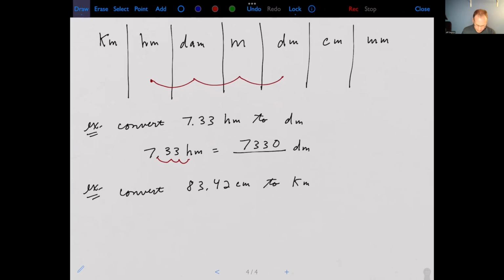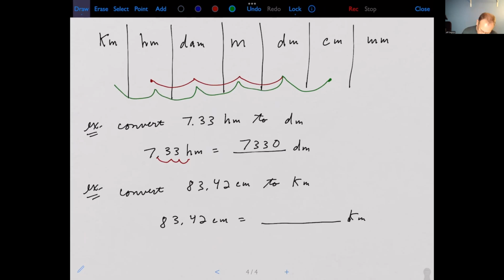So I'm starting with 83.42 centimeters, and I want to end up in units of kilometers. So if we look at our table, what do I need to do? I'm starting at centimeters, and I want to get to kilometers. So it looks like I need to move, let's see, 1, 2, 3, 4, 5 places to the left on the table.